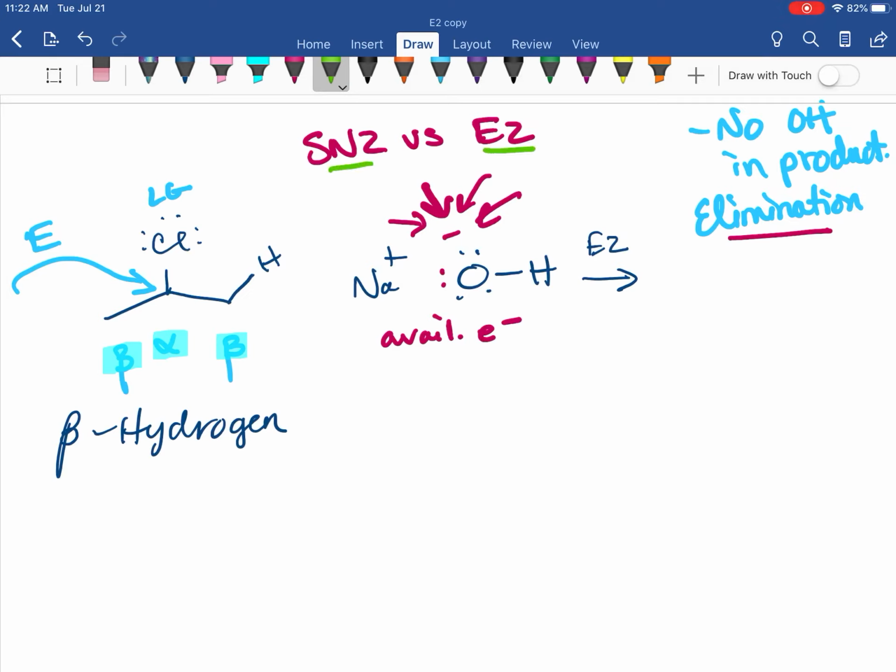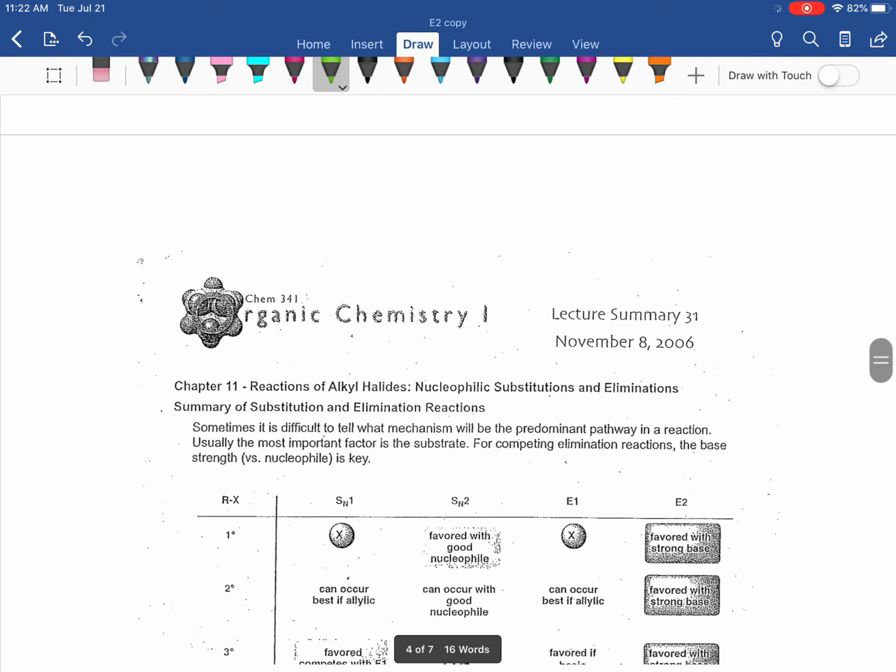Now that collision is much easier. So this is where the competition happens. They are both second order. They are both a collision, but some of our negatives, some of our available electrons, take the easier collision.